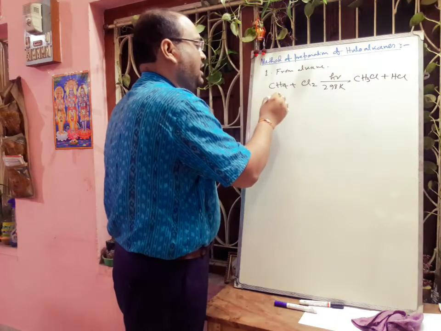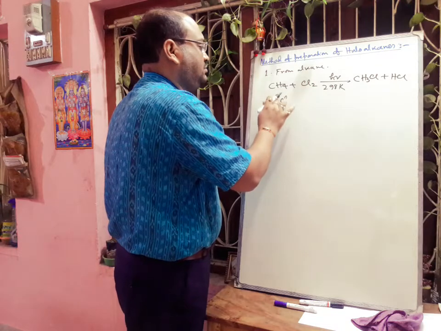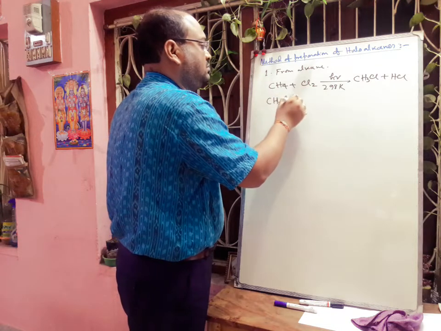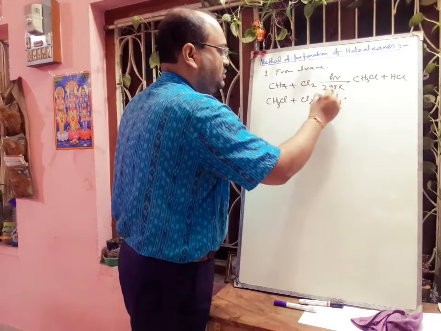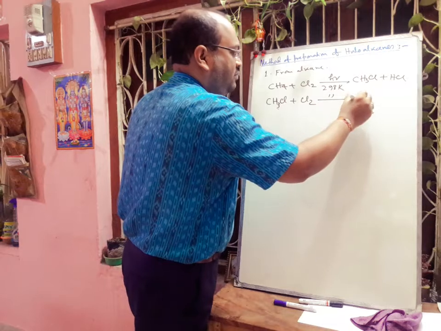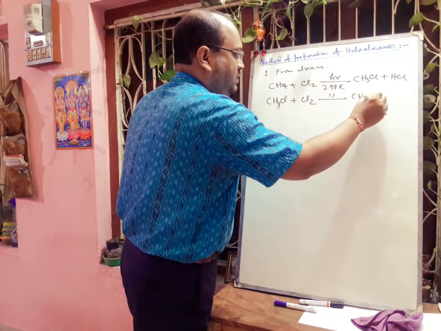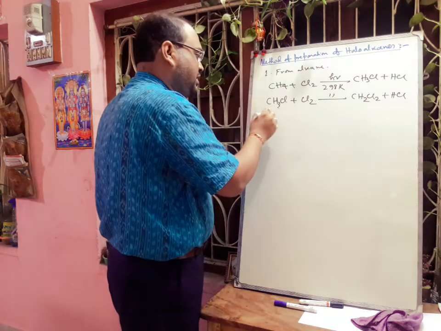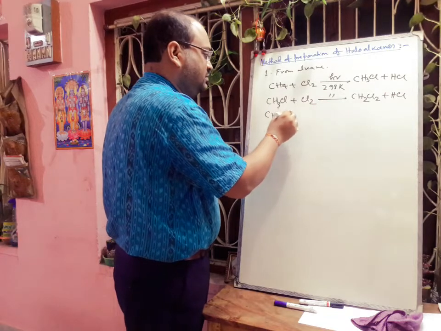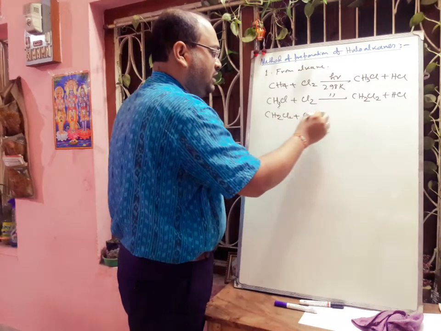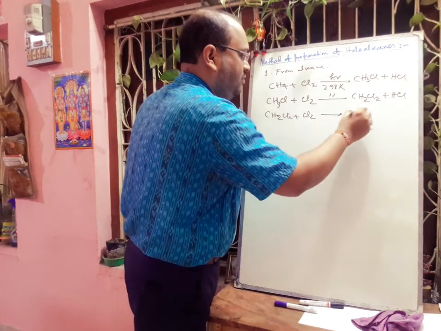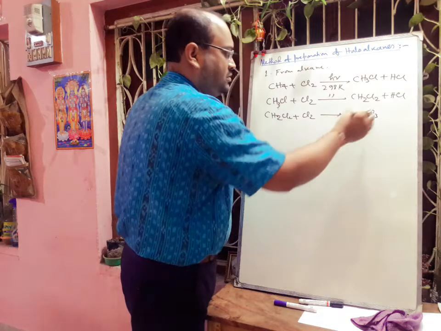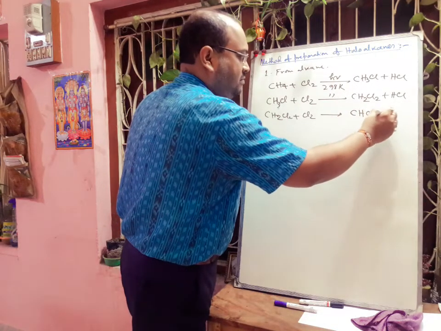Next, this methyl chloride will again react with chlorine under the same conditions and form dichloromethane plus HCl. Again, dichloromethane will react with chlorine and form chloroform, or trichloromethane, plus HCl.